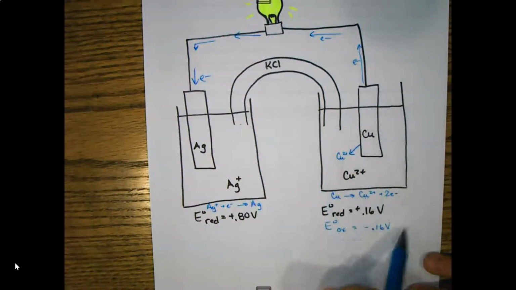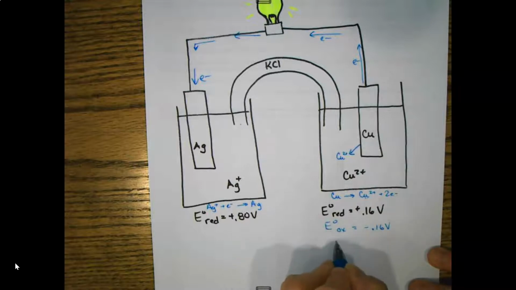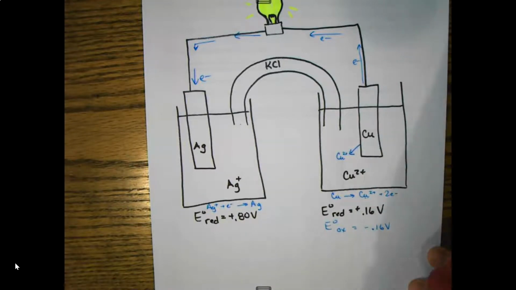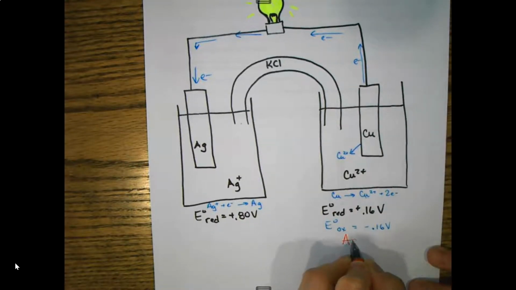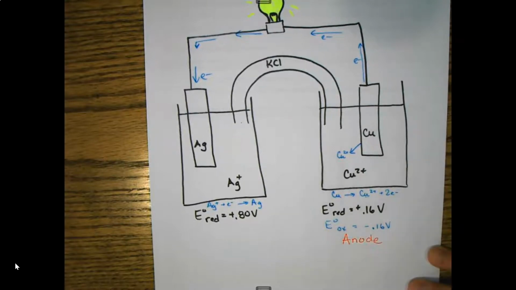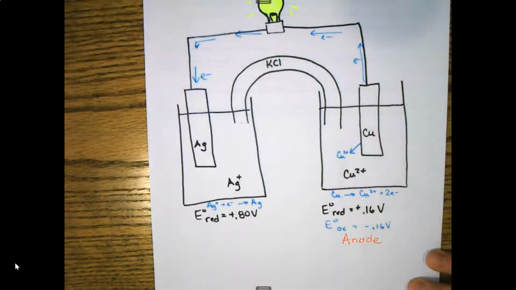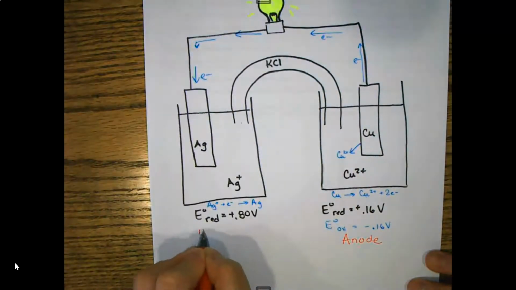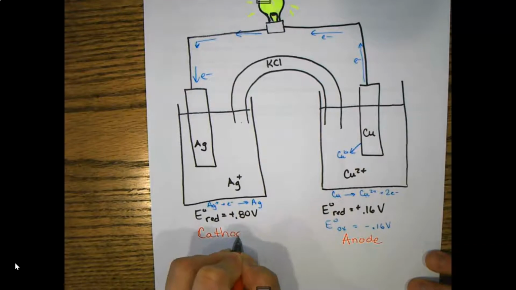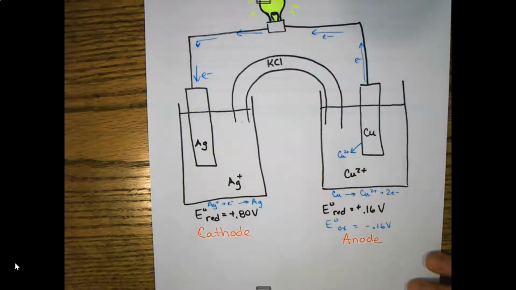So this is the oxidation half reaction, which means this is, let me write it in a different color, this is the anode, because the electrons are moving from the anode, which means this guy must be the cathode, because that's where reduction is happening.